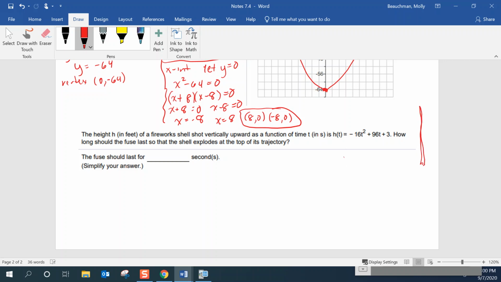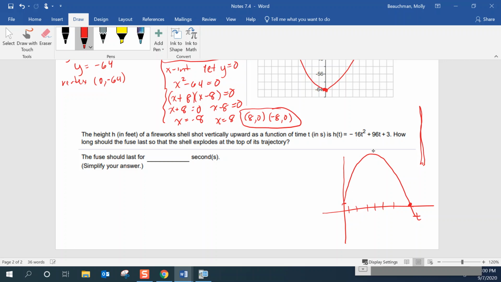So what this is going to look like, over time t, when you shoot something in the air, it's going to go up over time, and then it's going to drop back down and then hit the ground at some point. So this is basically the trajectory shape.